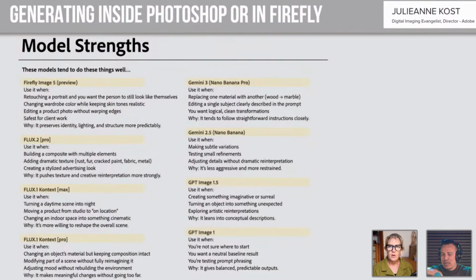So that allows for more realistic results. Maybe not in a hat, but if you want to create a reflection of something, it's much better in Firefly. If you make a selection and then select the partner model, it only has context of the selection. It doesn't have context outside of it. So you may not get as realistic results. But if you select the entire image and then use a partner model, then it's basically the same thing. But then you run into the resolution issues.